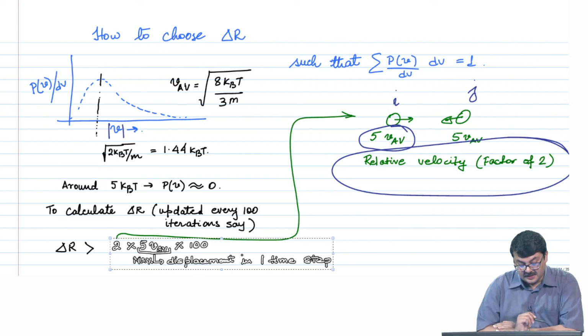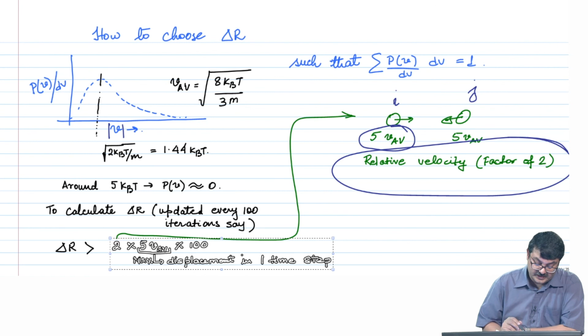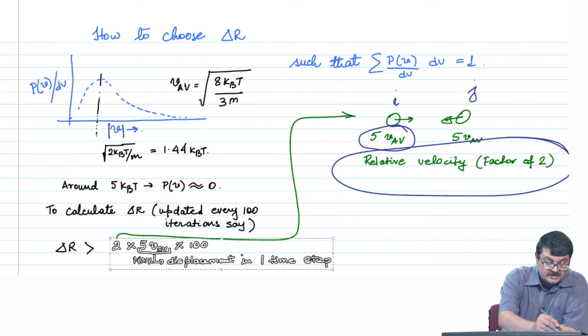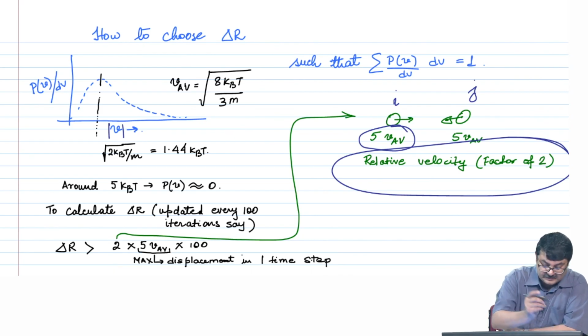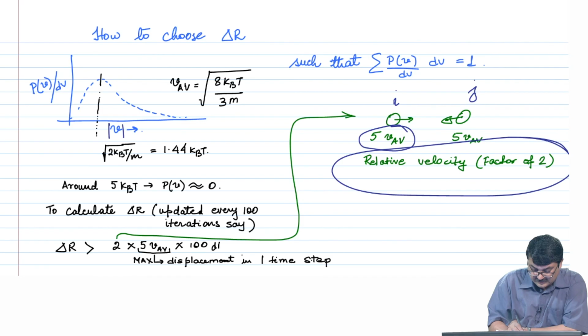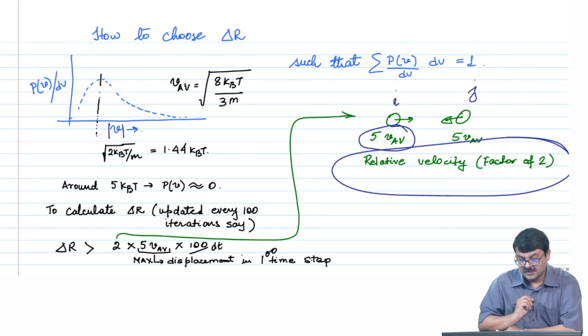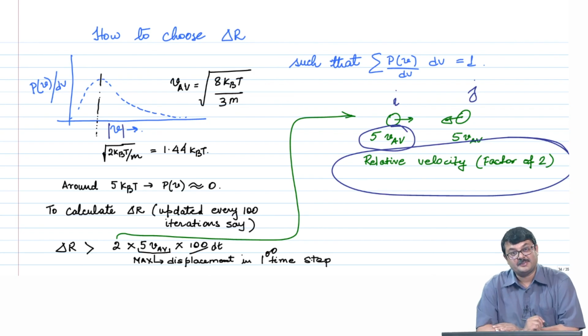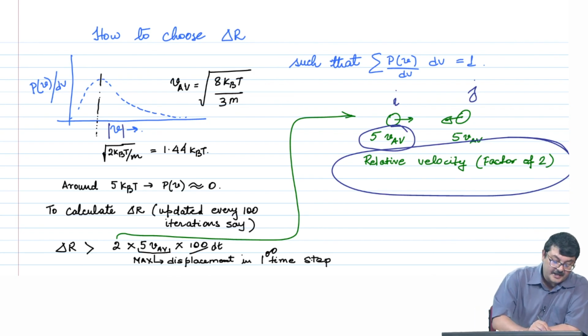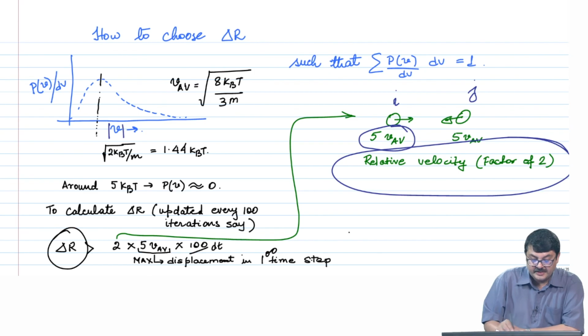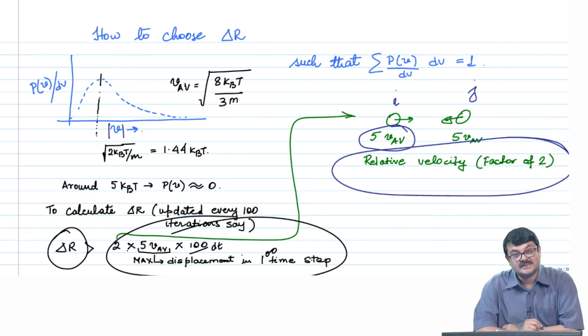Sorry, I made a mistake here. There should be a dt also here. And since there is a factor of 100, that is how much it would move in 100 time steps, and delta r should be greater than this distance.